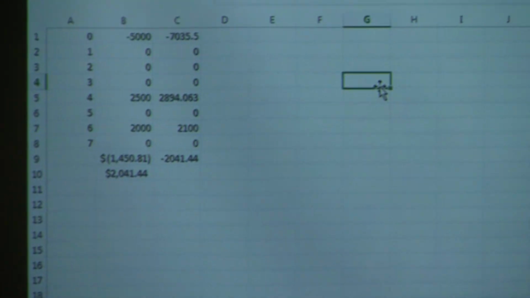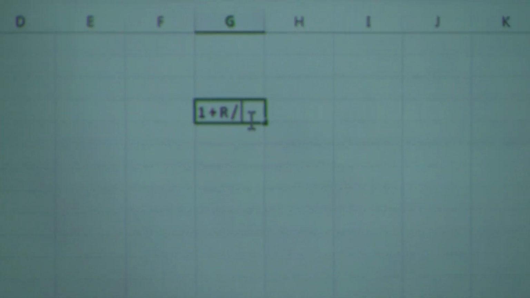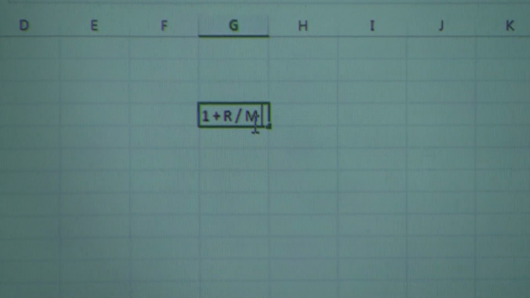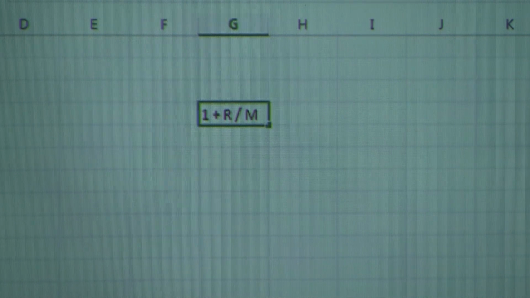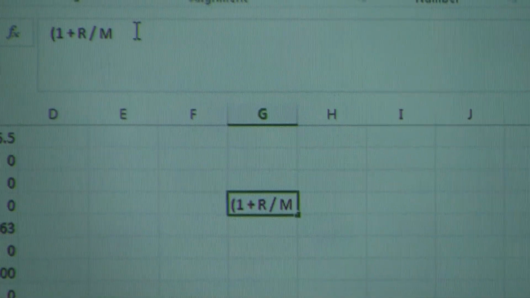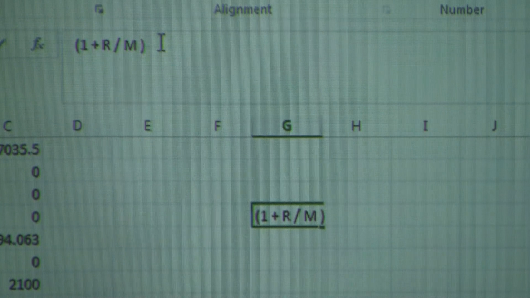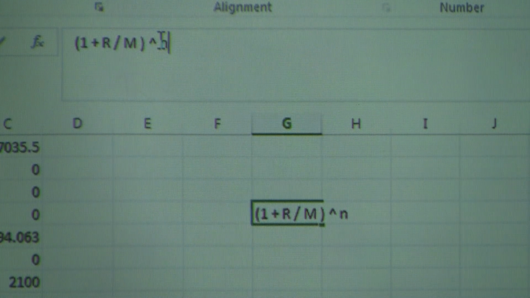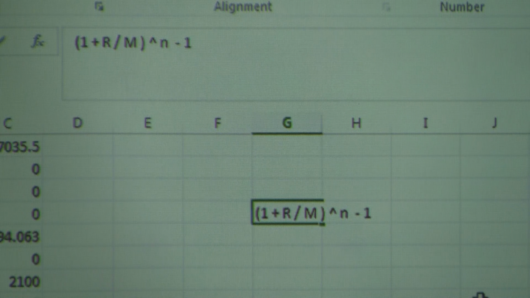So, effective rate. The actual formula is 1 plus R over M, all of that raised to the n, and then subtract off your 1. The R is my rate that I'm given.